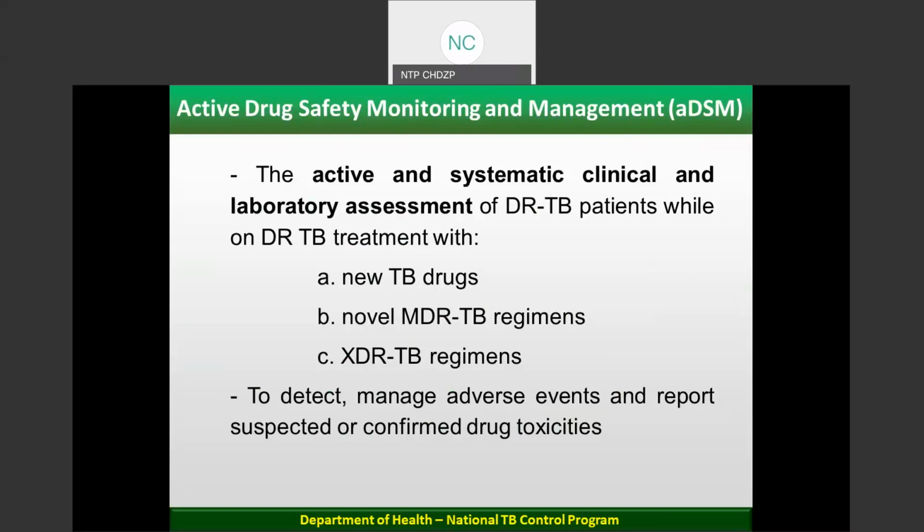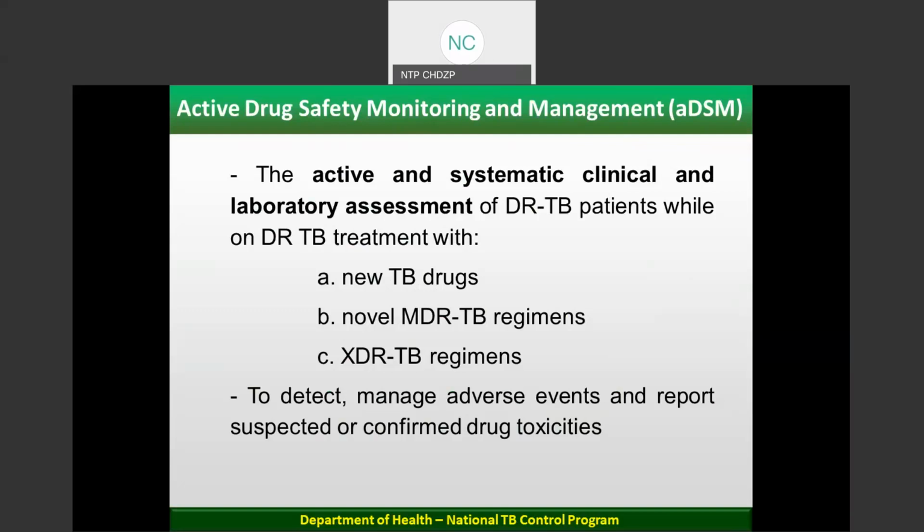Number 3, effective treatment and monitoring. Treatment must be closely monitored for effectiveness and safety, using sound treatment and management protocols that have been approved by the relevant national authorities. Number 4, pharmacovigilance and management of adverse events.